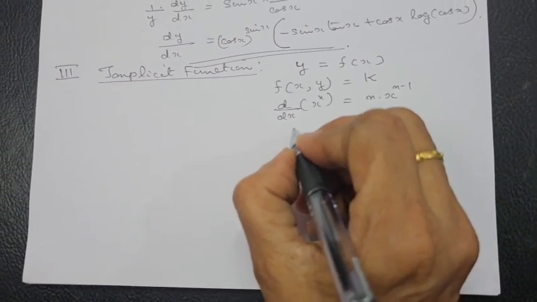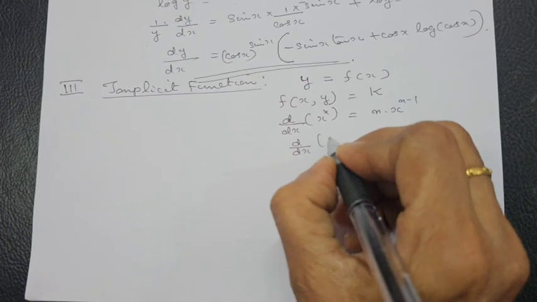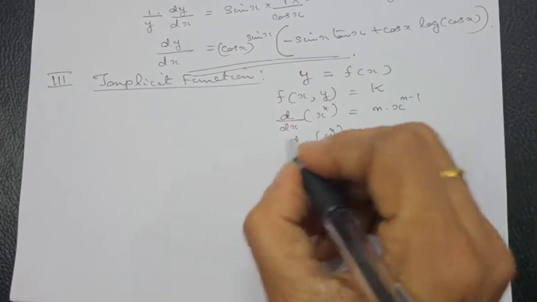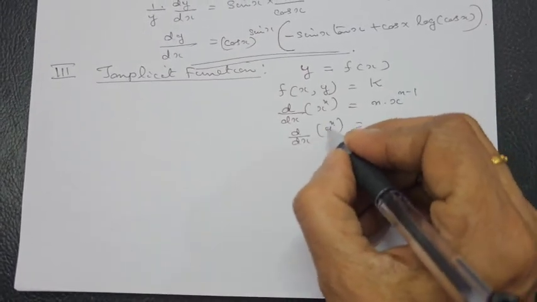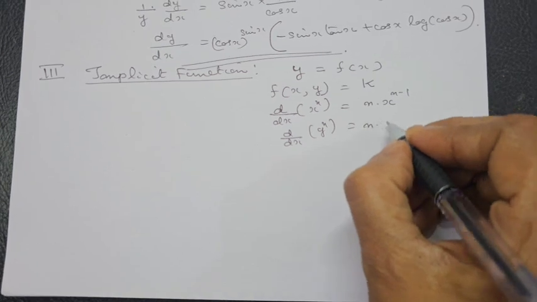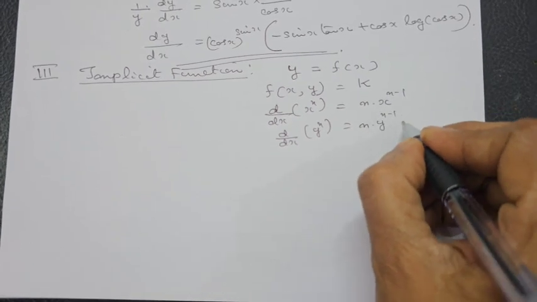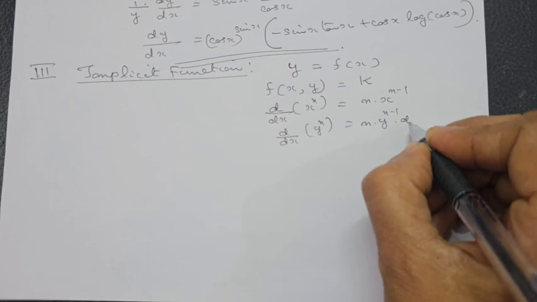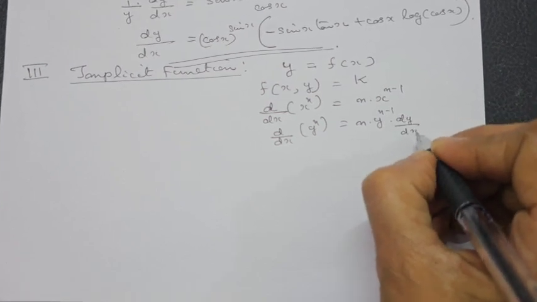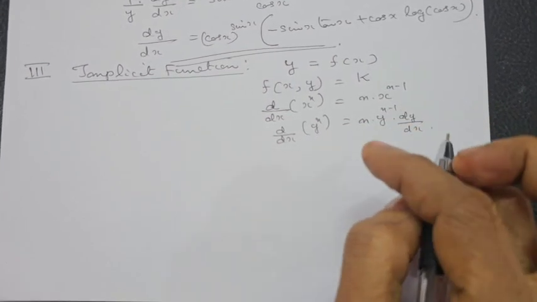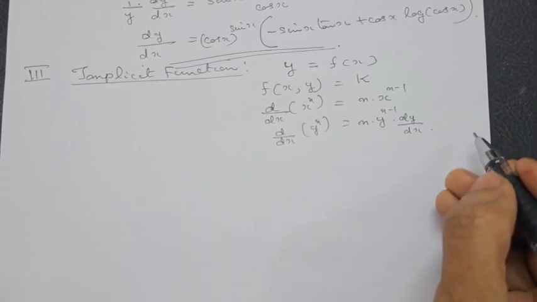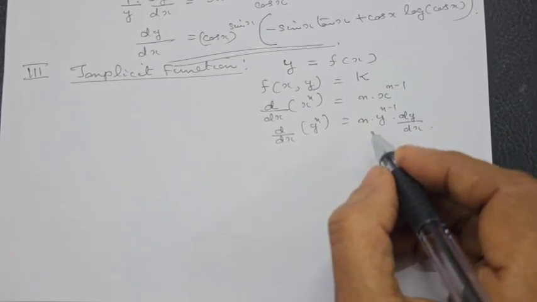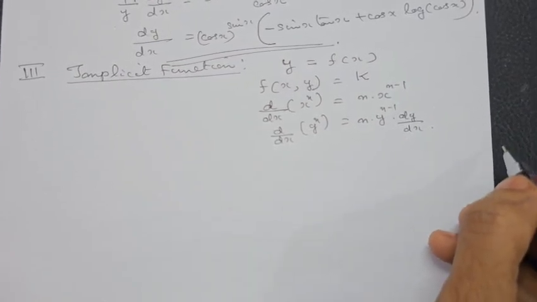Then what is the derivative of y raised to n with respect to x? There we apply the chain rule. So n into y raised to n minus 1 into the derivative of y, that is, into dy by dx. In a similar manner, the derivative of log x is 1 by x, and of log y is 1 by y into dy by dx.